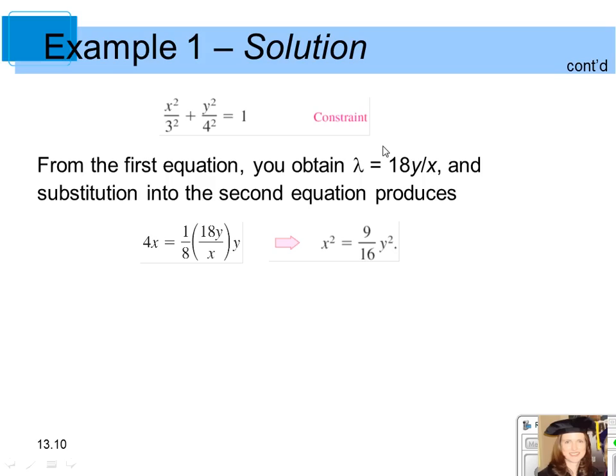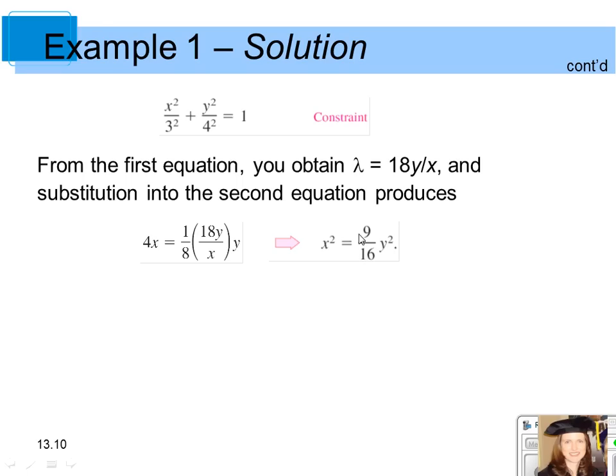And then when you substitute this lambda into the second equation, we get 4x equals 1 over 8 times 18y over x times y. We can simplify this equation by dividing by 4 as well as multiplying by x, and we get the equation x squared is equal to 9 over 16 y squared.